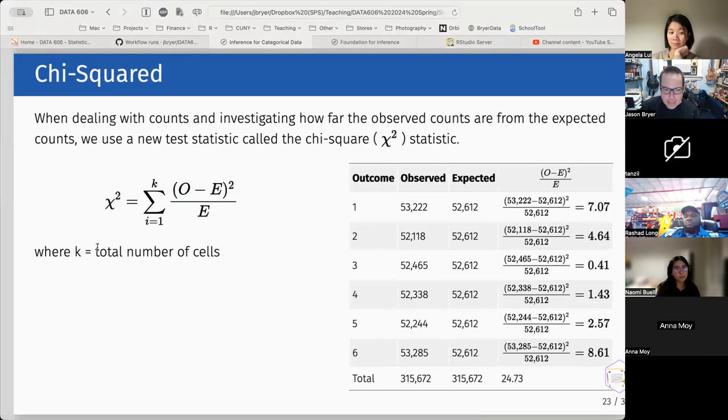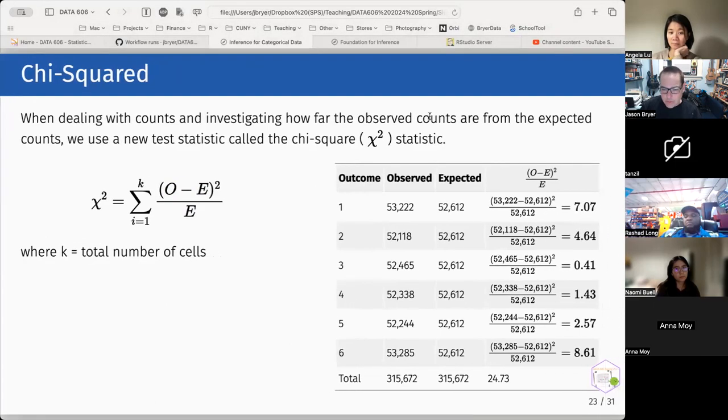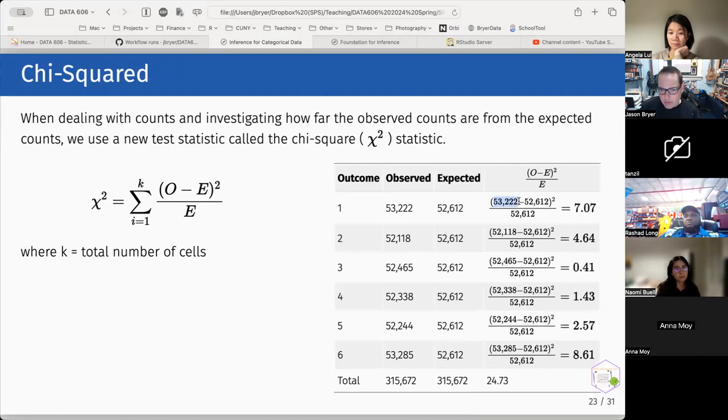K here is the total number of cells. So for getting a 1 on the dice, we take our observed minus our expected value, square it, and divide it by our expected value. For 1, we get 7.07, 2 is 4 point something, et cetera.